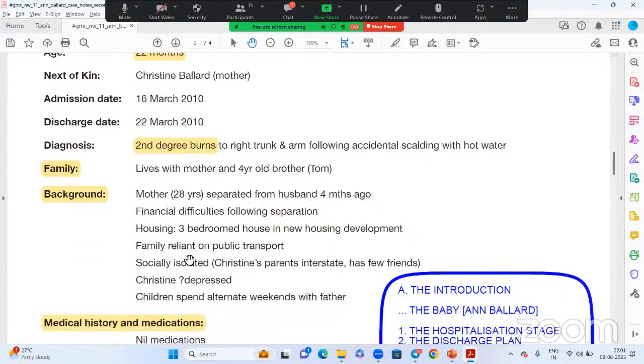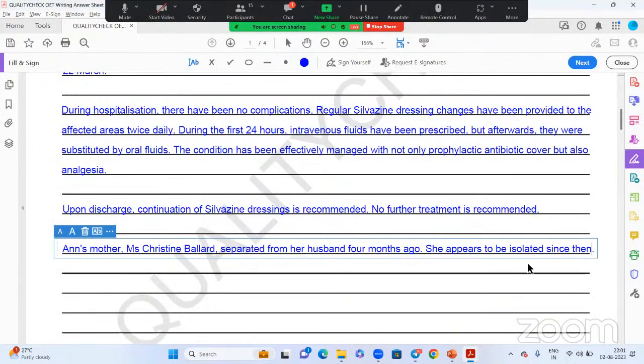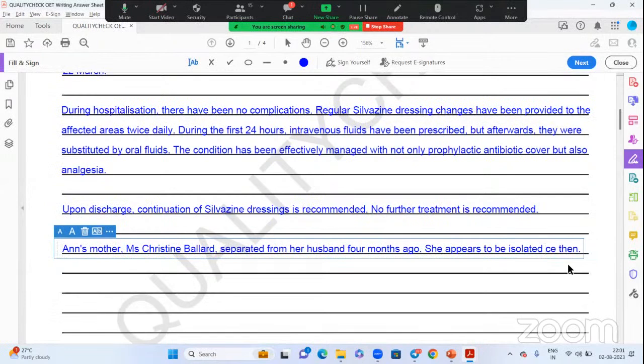Now see here, socially isolated. Christian parents are interstate and has few friends. Right. She appears to be isolated because separated from her husband. From then she was isolated.